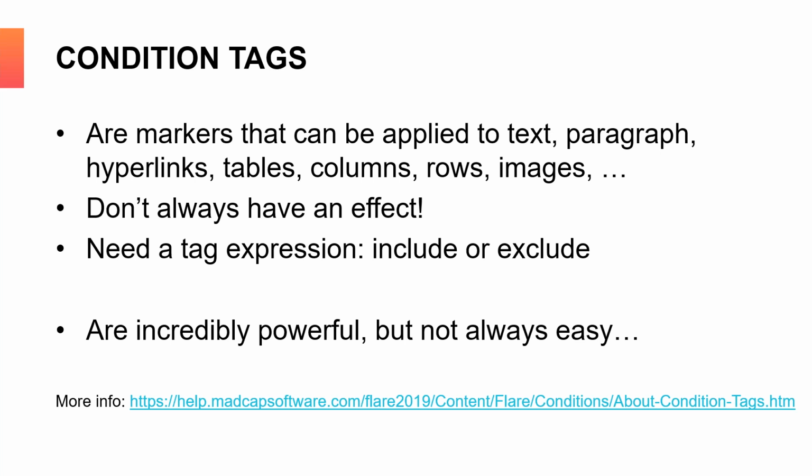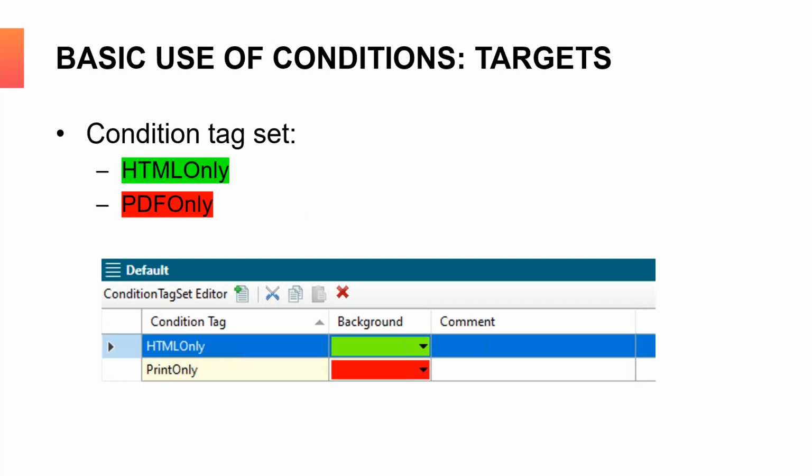Do you want to exclude content, or do you want to include certain pieces of information, etc.? Now, condition tags are incredibly powerful, but they're not always easy, especially if you start combining condition tags. Having basically binary condition tags, for example, HTML or PDF only, is pretty straightforward. But as soon as you have multiple targets, multiple products, etc., things quickly get more complicated.